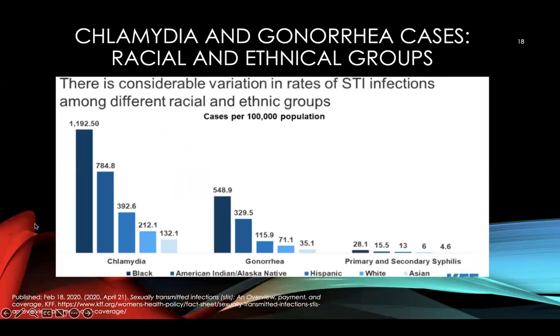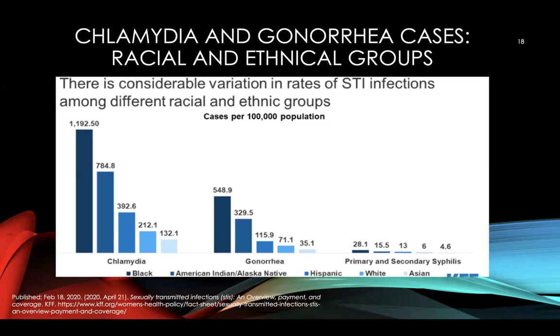And then right here we have chlamydia and gonorrhea cases based on racial and ethnic groups. And so right here you can see there's the variations in how these bacteria are spread among different populations. And so the African American culture have a higher value of chlamydia cases.